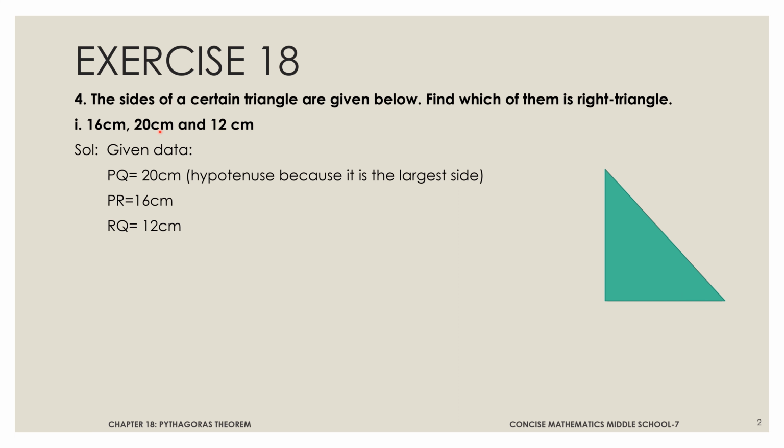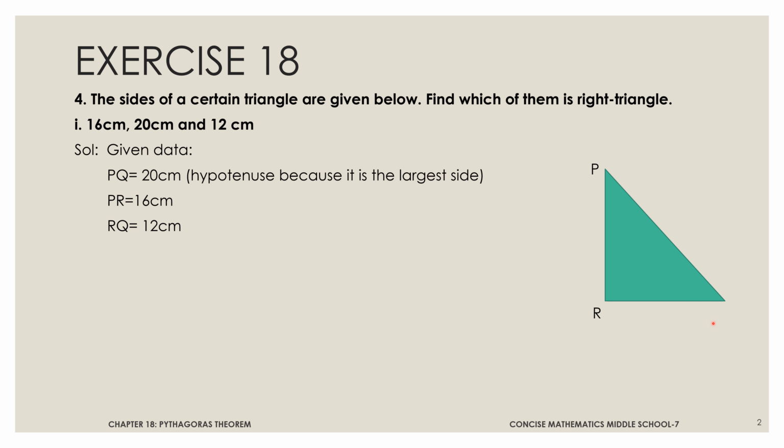This is one way to find the hypotenuse. And another way is, look here, this is an angle that is 90 degrees, and the side opposite to this angle will be the hypotenuse. So this part will be the hypotenuse.